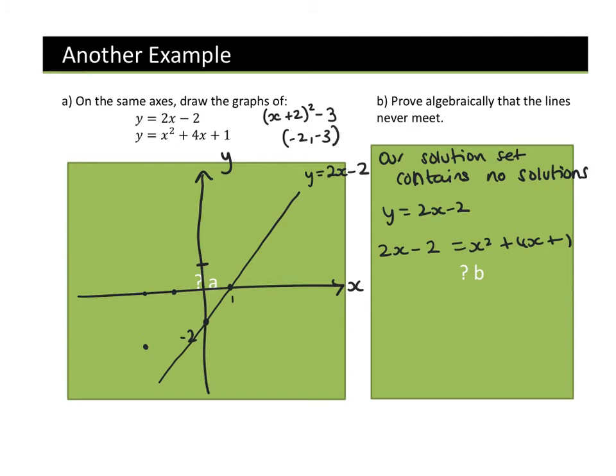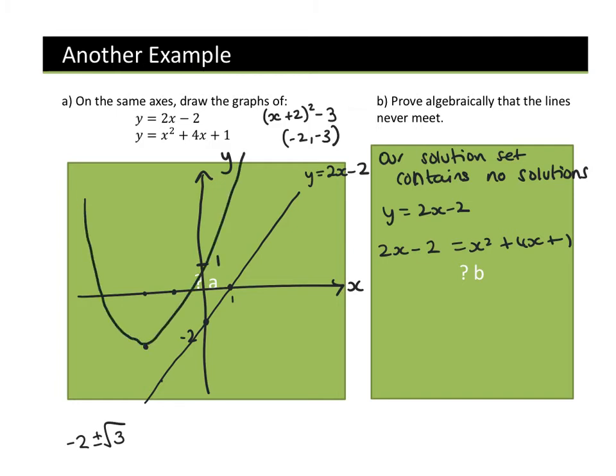If we put that into our calculator, 1 4 1, what is the answer? Minus 2 plus or minus root 3. So then this graph is going to look like this.